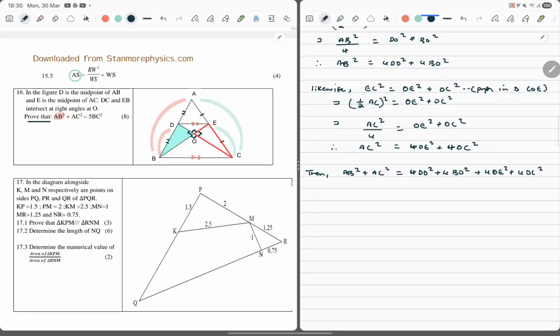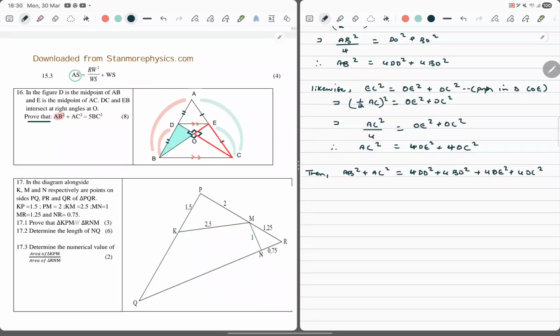Okay, let's see. How does this one take us to BC? If we want to end up with BC, we know that if this is 90 degrees, BC is going to be made up of the square on OC and the square on OB.